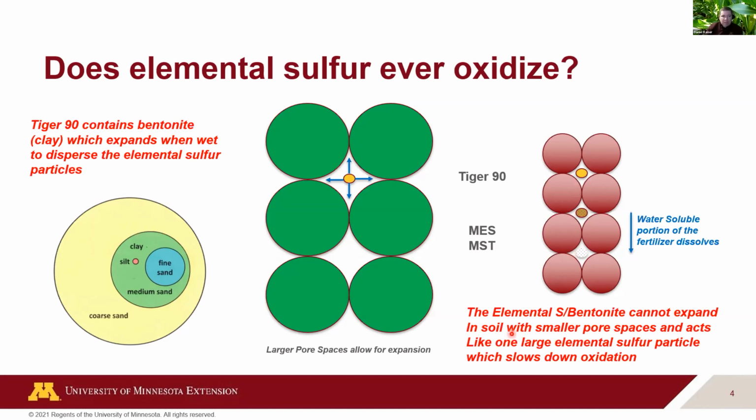So in terms of difference, I think that's what's happening a lot of times, particularly with Tiger 90, and what we're seeing essentially in some of our sandier soils is a better performance of this particular product. And I think a lot of that is just due to the pore size when we incorporate that product, that it just has more capacity to fracture and be reacted on by the soil microbes themselves.